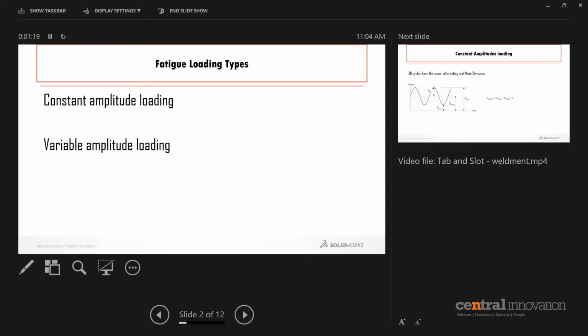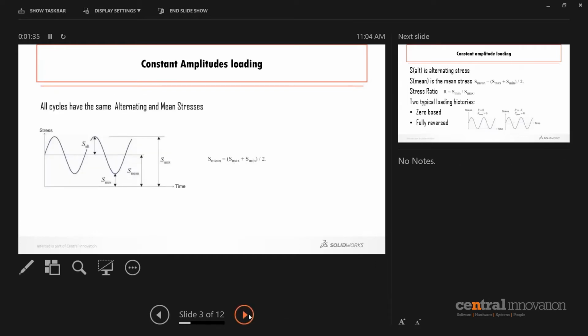When you talk about constant amplitude loading, you have to know a few basics about this kind of fatigue analysis. Let's jump to these basics and talk about them. In the picture that you can see, I have a stress and time diagram that shows the change of stress based on time within a constant amplitude loading.